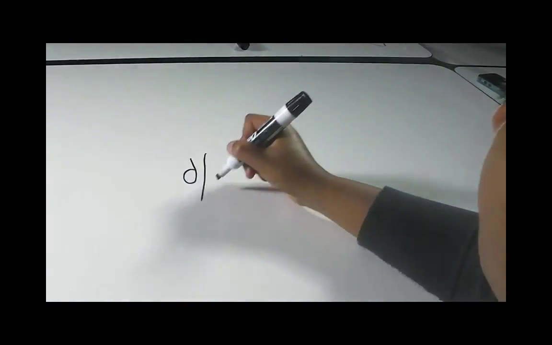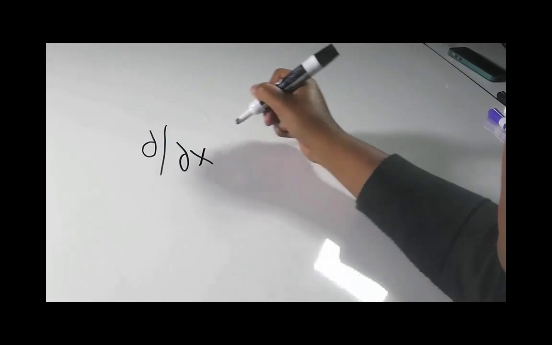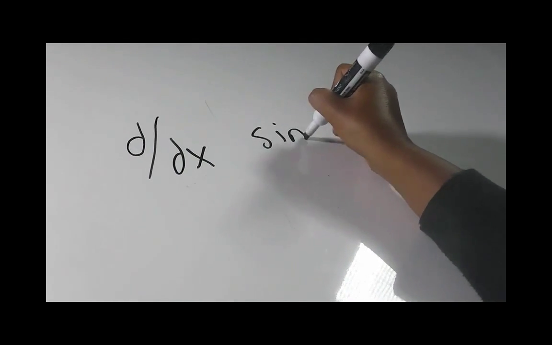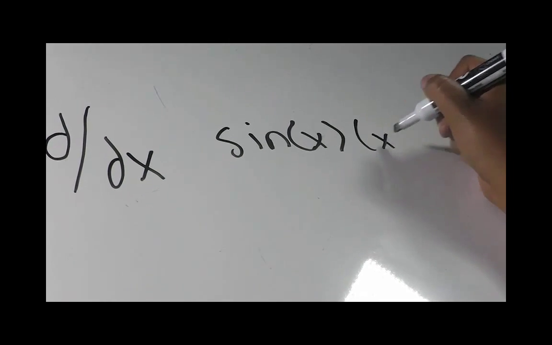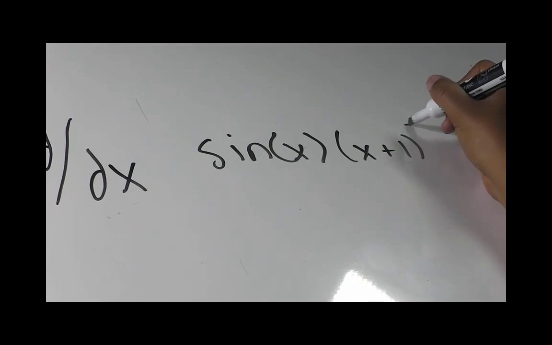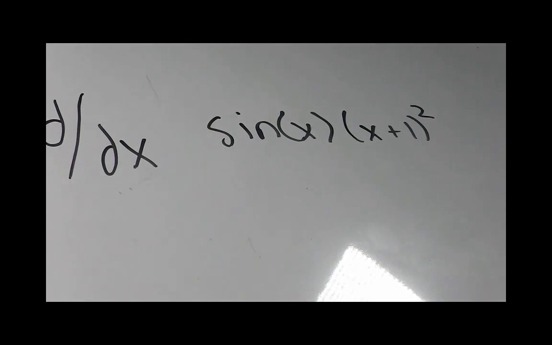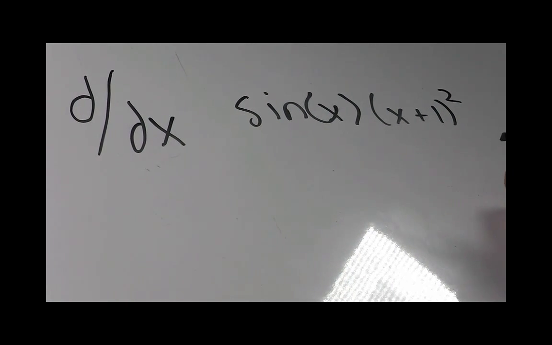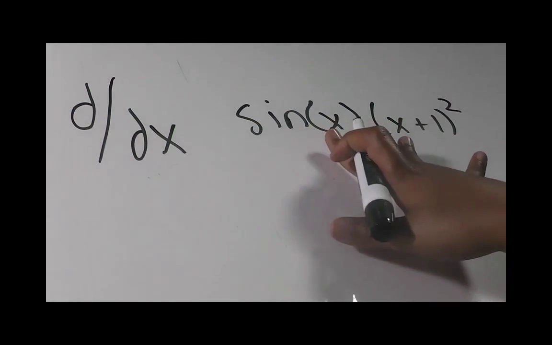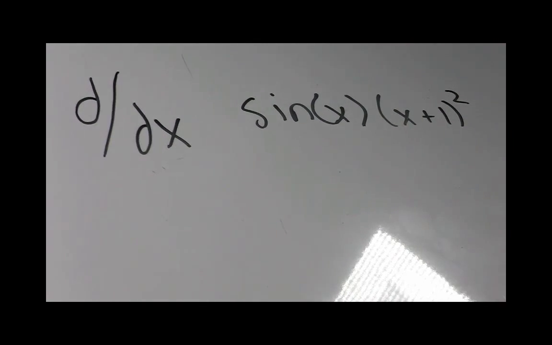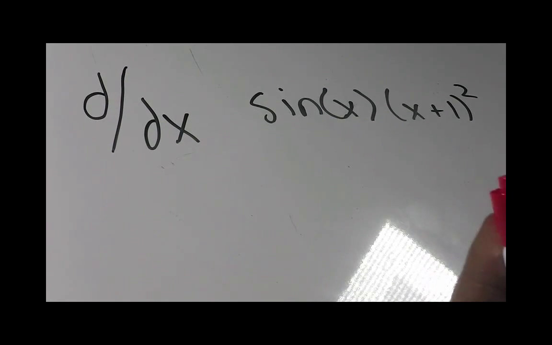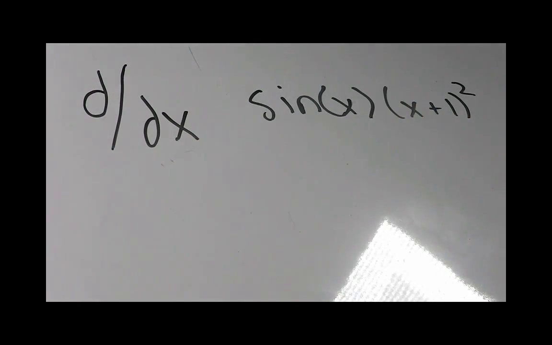Say we want to take the derivative of sine of x times (x plus 1) squared. Since you're such a pro now, you can see that this is both a product and a chain rule. So let's put this in colors to make it a little more noticeable.